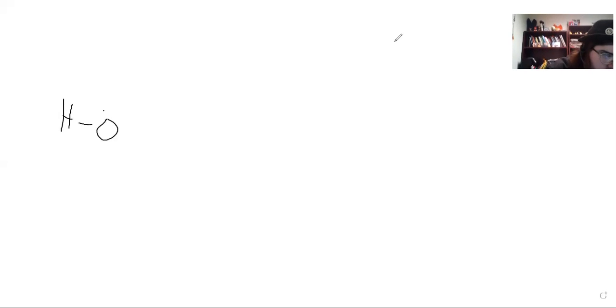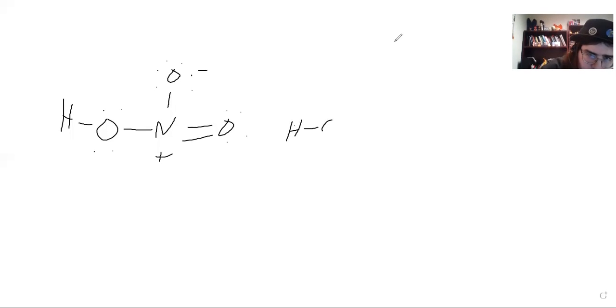So we have this structure. Drawing, hopefully you know what nitric acid looks like. O minus, and plus on the N, in the presence of sulfuric acid, H2SO4.